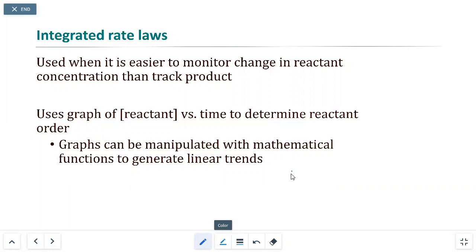And we're going to end up with a graph that looks like this, with time on the horizontal axis and concentration here on the vertical. And what we will notice is that the kind of graph we get will help to dictate the order of the reaction itself.